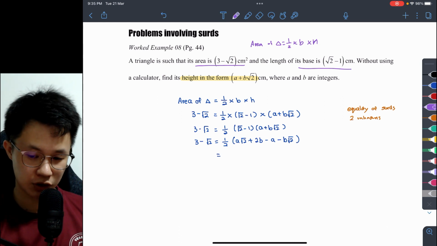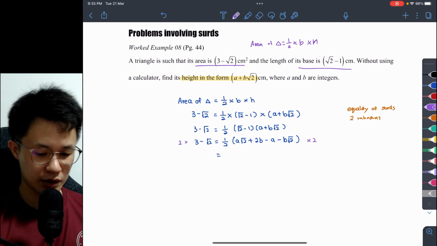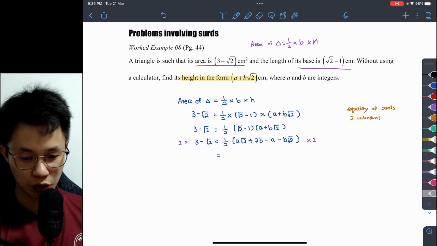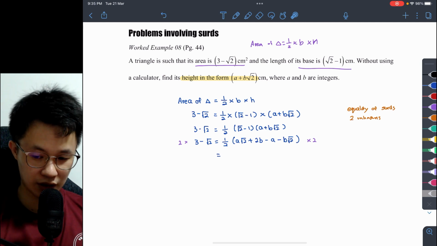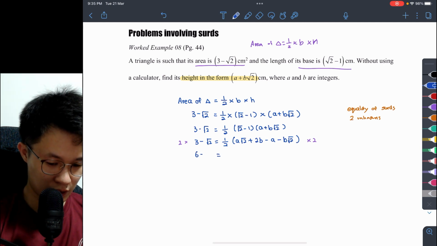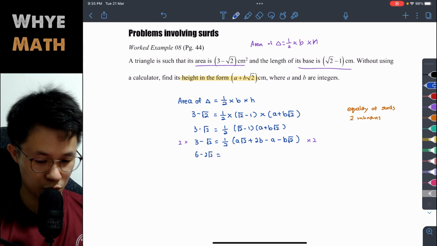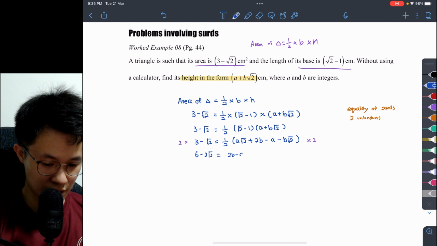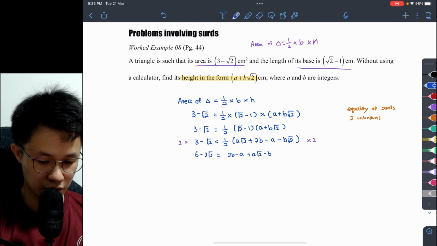So I'm going to multiply 2 to both sides of the equation. Why? Because I want to get rid of this annoying half here, because having an annoying half doesn't really work out. Since we do that, we will have 6 minus 2 square root 2 on the left, and I'll get rid of the half. Then the right hand side is 2b minus a plus a square root 2 minus b square root 2.